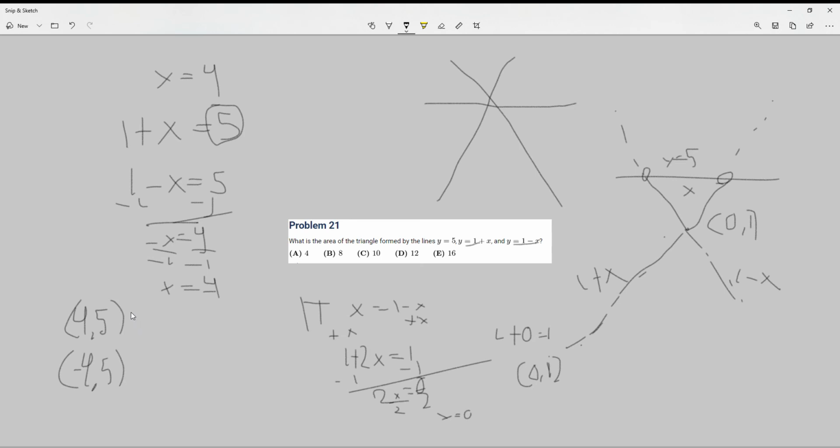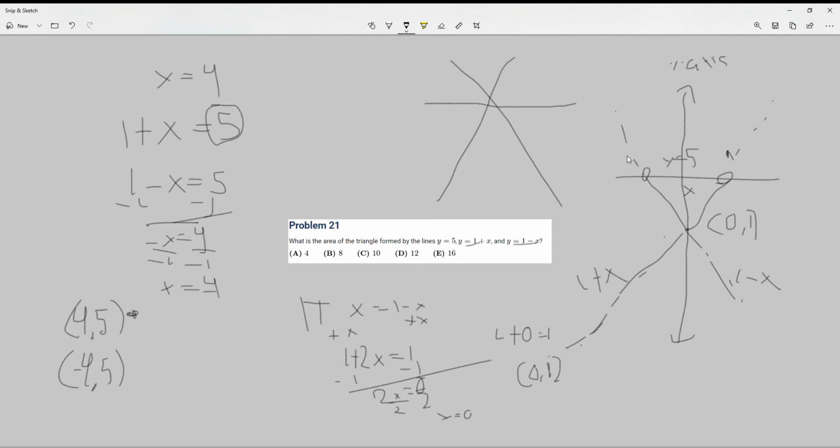So this one is basically this one, and this is going to be the y-axis. Okay, now we have some coordinates and a little bit more information. We can go ahead and make a triangle out of these coordinates.